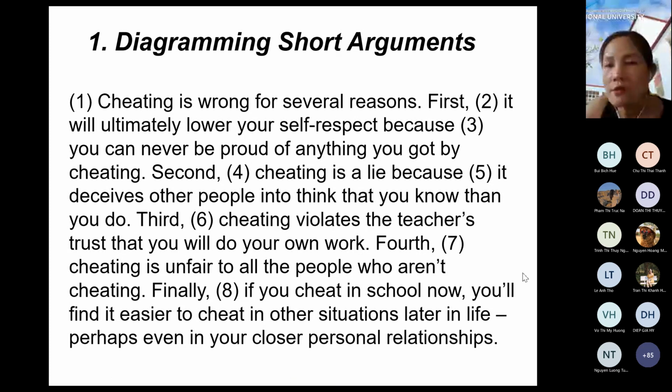So for the previous questions, I will give the bonus for the first 5 correct answers. Start from Nguyễn Xuân Sơn, and Bùi Bích Huệ, Trần Gia Huy, Khánh Huyền, and last is Trúc Na.